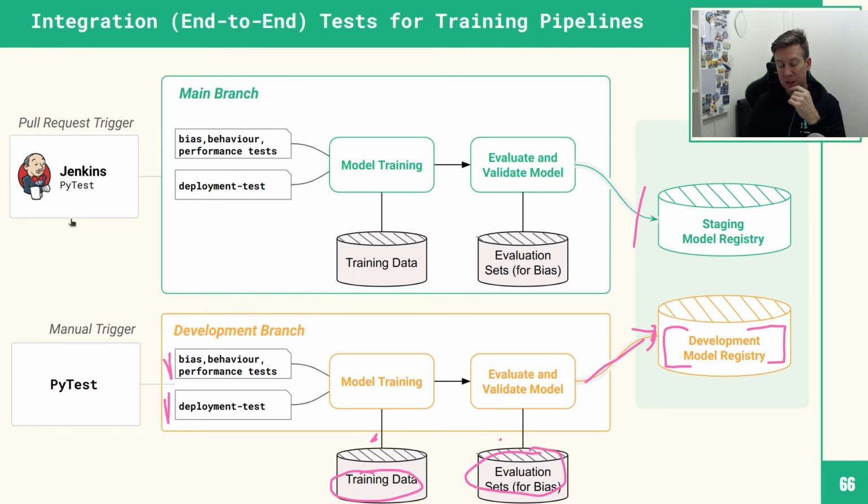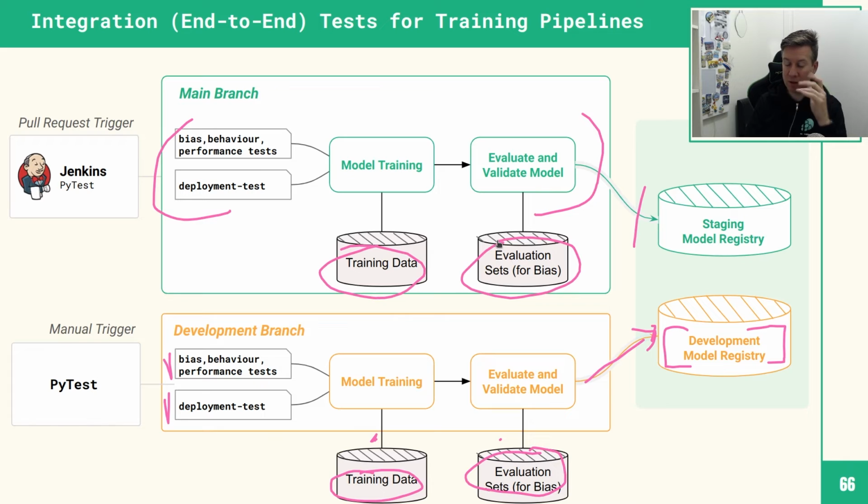And then Jenkins can check out your code. It'll check out this complete training pipeline, and Jenkins needs to be set up again with access to that training data. So maybe you wouldn't have this data checked into Git. Probably doesn't make sense to do so, but in some cases, if it's small data, you would.